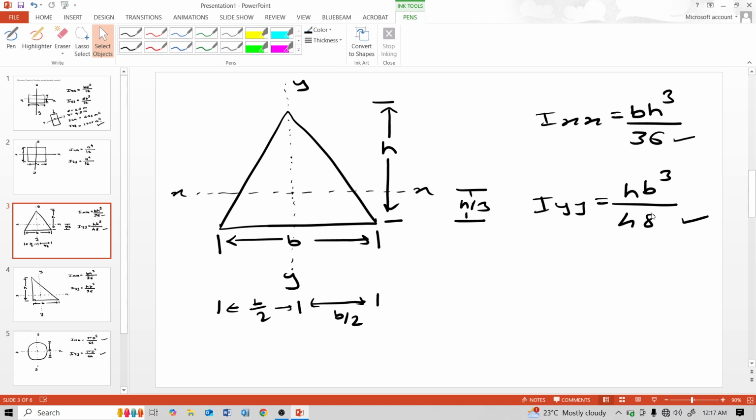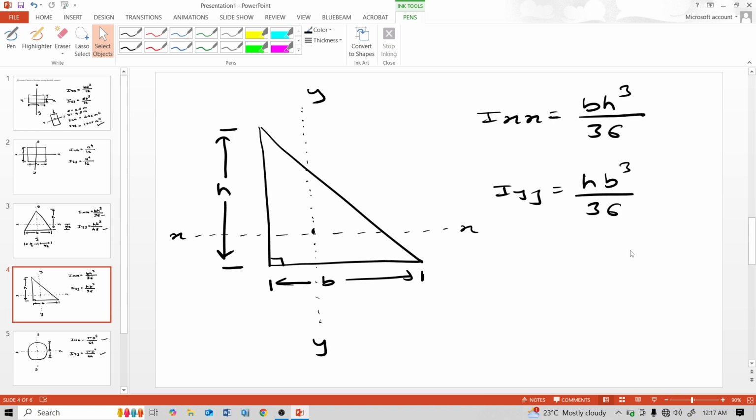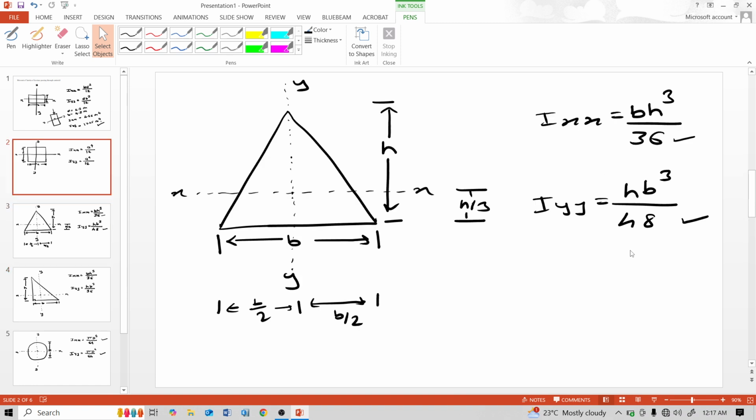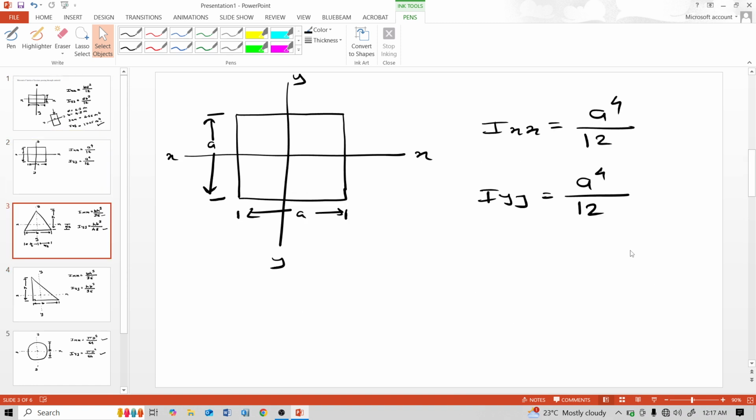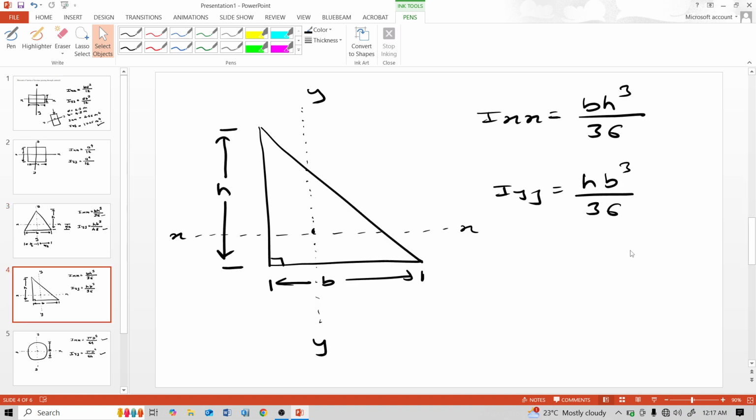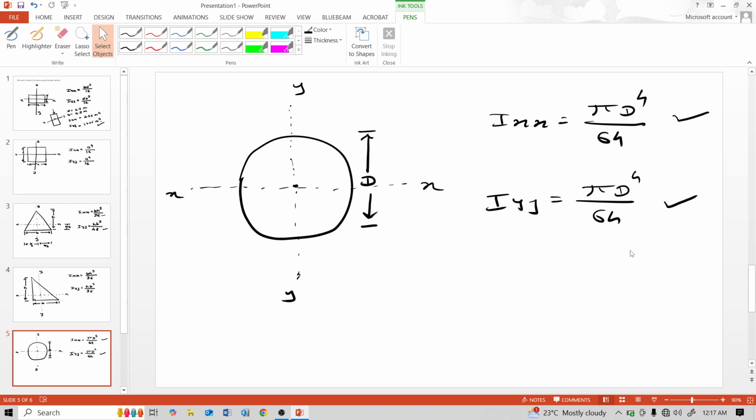Here 36 and 48, remember this. For right angle triangle, IXX is B H cube by 36 and IYY is H B cube by 36. And for circle, both moment of inertia about x and YY axis is pi d raised to 4 by 64.